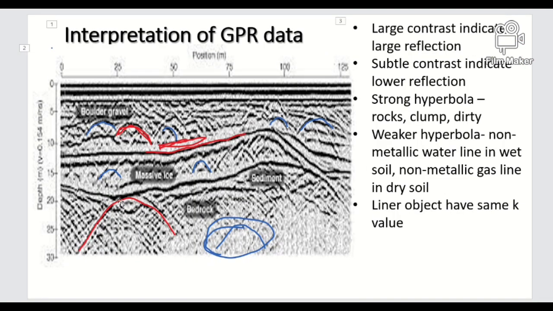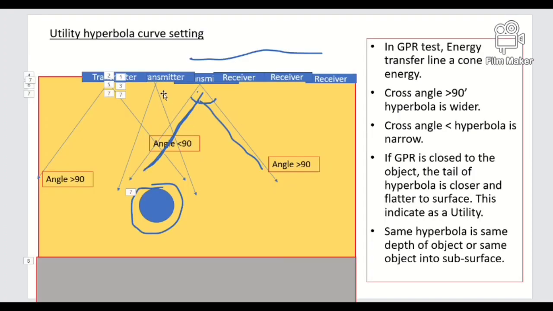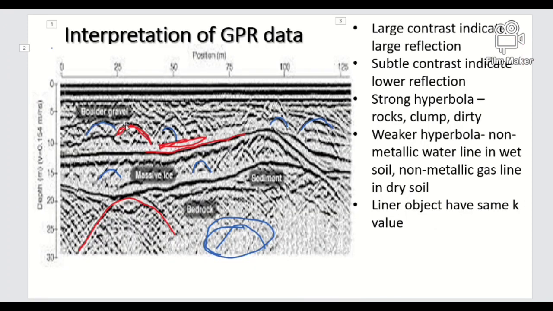If the angle of the cone is less than 90 degrees, the utility curve will appear as a V, a narrow type of hyperbola.